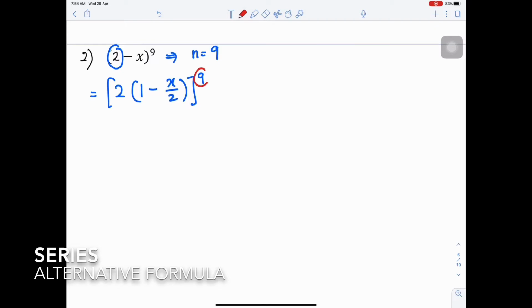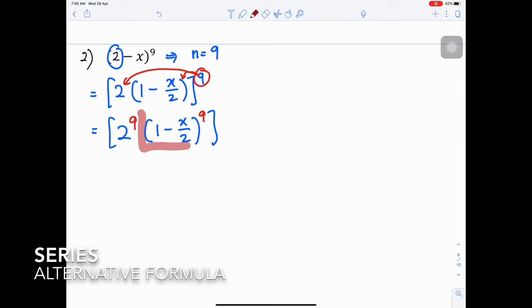Then what do we do? Expand the power of 9. So now you can see it equals 2 to the power of 9 times 1 minus x over 2 to the power of 9.